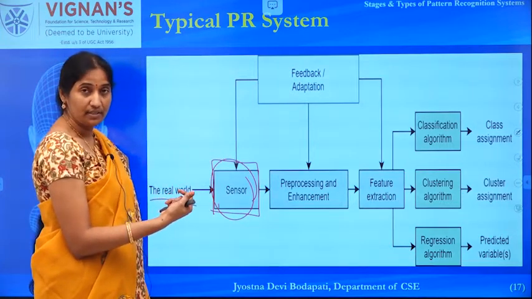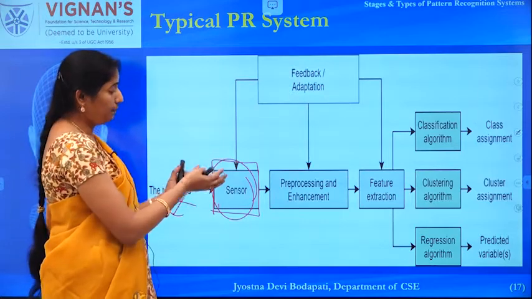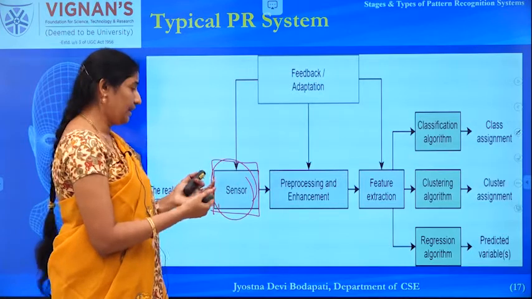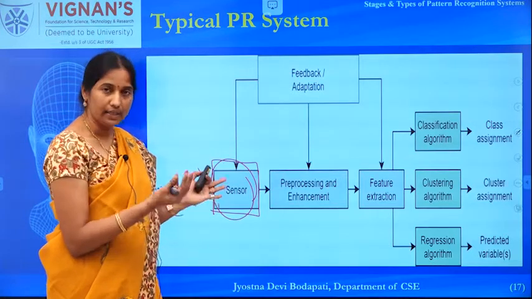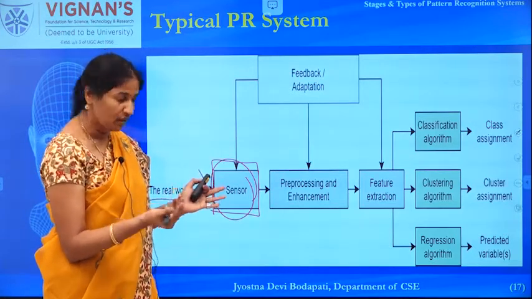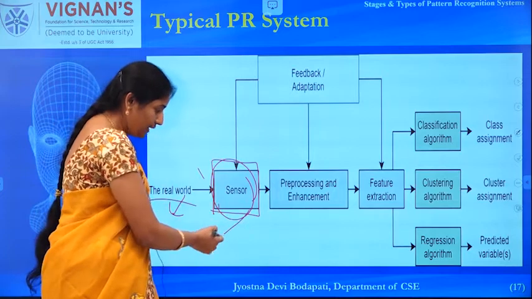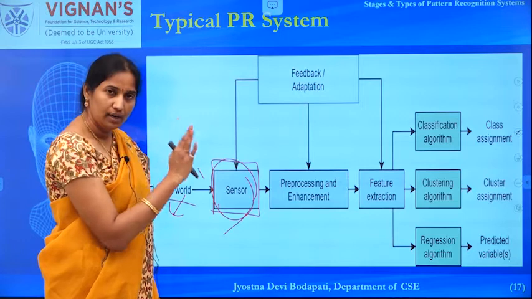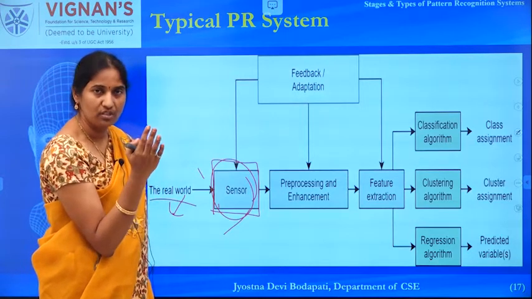collection process varies. Say for example, your application is face recognition, then you need to use a camera. If your application is temperature prediction or weather prediction, then you need to use sensors to collect the previous day's humidity or temperature, or wind speed, all those things, right.